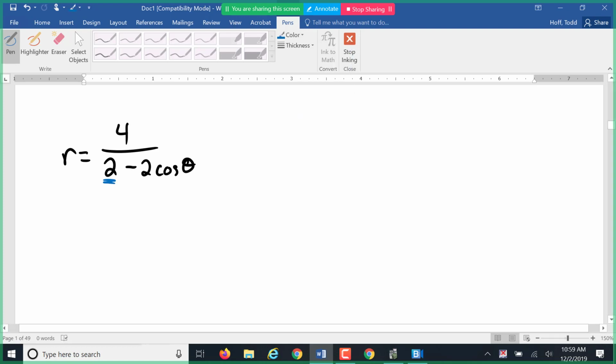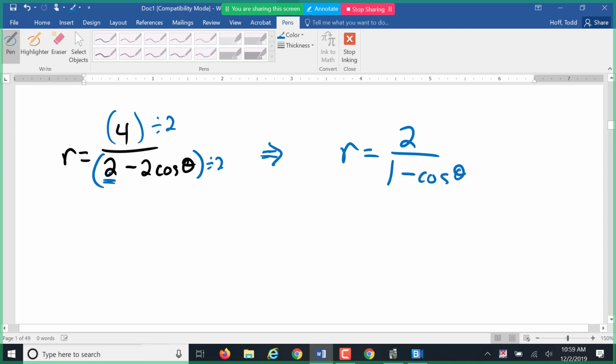That is 2, so to make it a 1, you divide by 2 in the numerator and denominator. So this is going to become r equals 4 divided by 2 is 2, 2 divided by 2 is 1, 2 divided by 2 is 1 again. So that becomes 2 over 1 minus cosine theta.